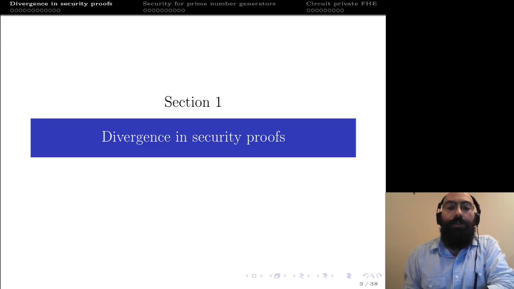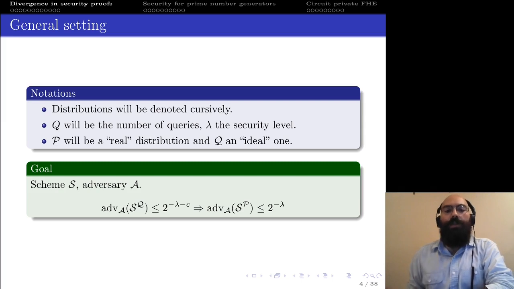First, divergence in security proofs. The general context is that you have some scheme S and an adversary A, with a bounded number of queries Q, and you want to achieve a level of security lambda.